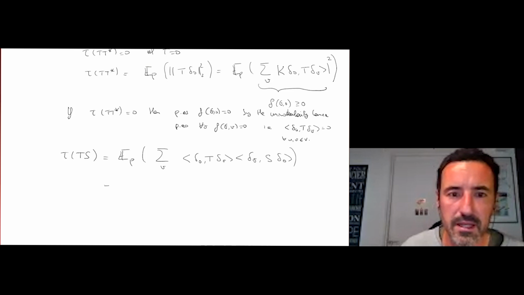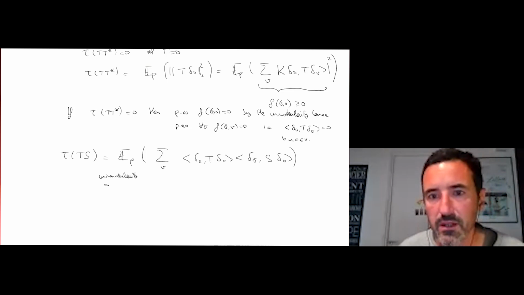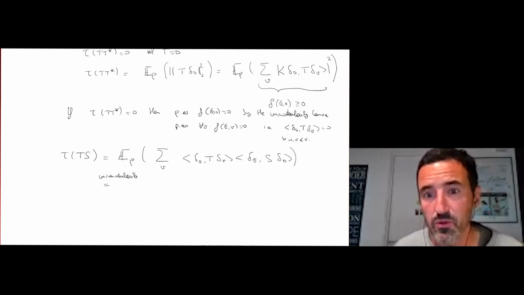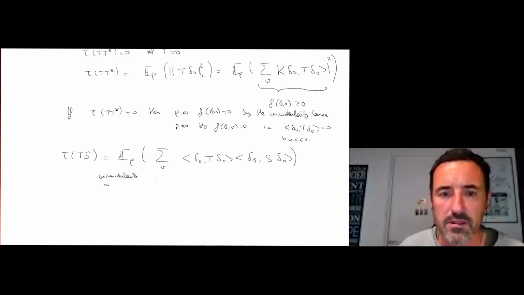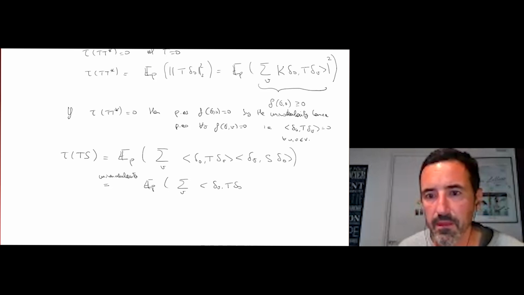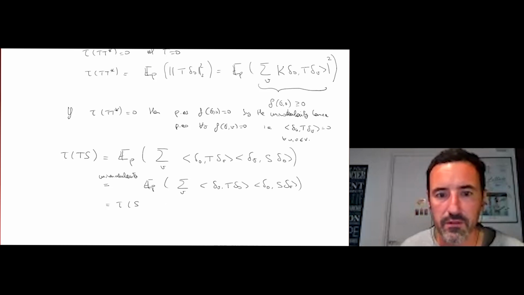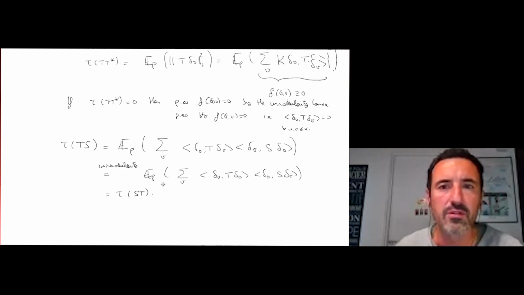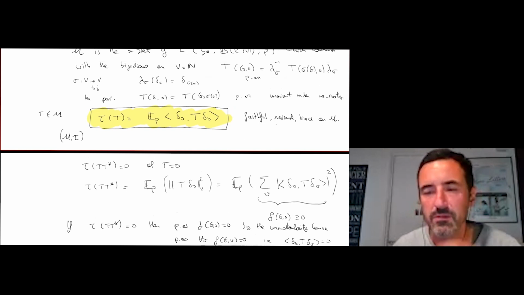Then I use unimodularity, which allows me in this sum to switch the roles of V and O. So by unimodularity, you get the sum over all V where you switch S and V, and this is exactly tau of S T. And for the normality, it's just the monotone convergence theorem.